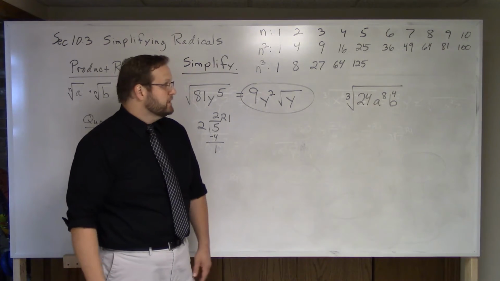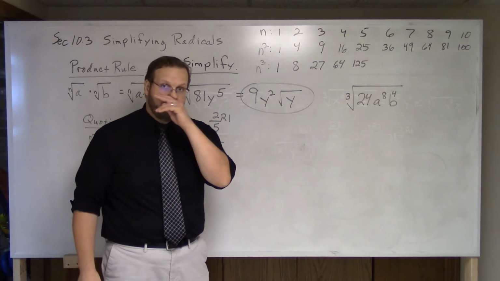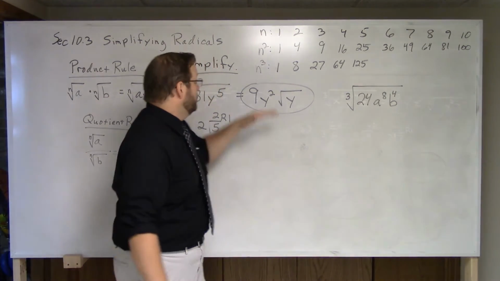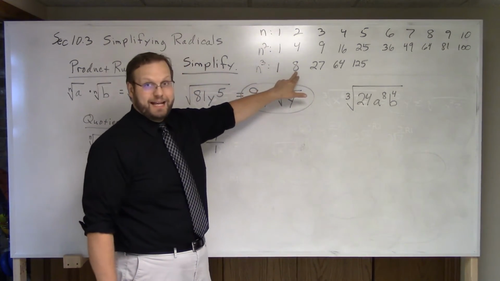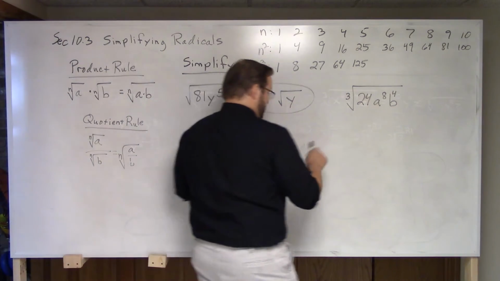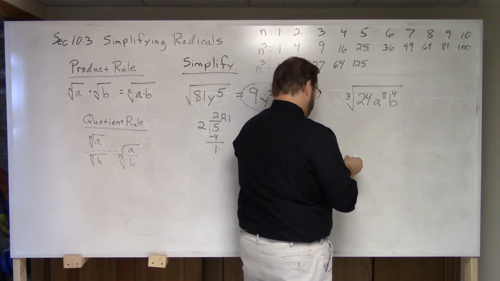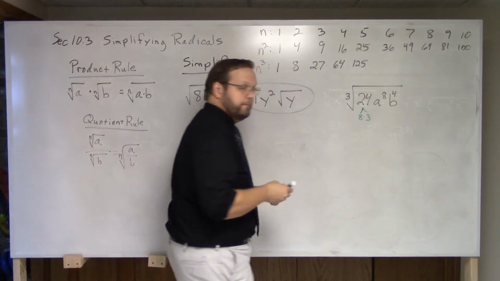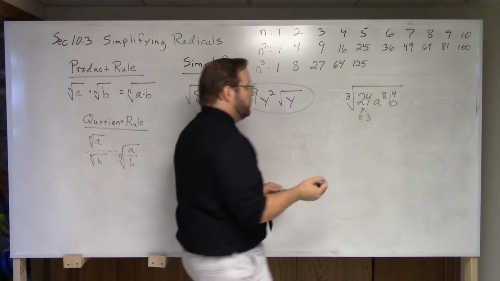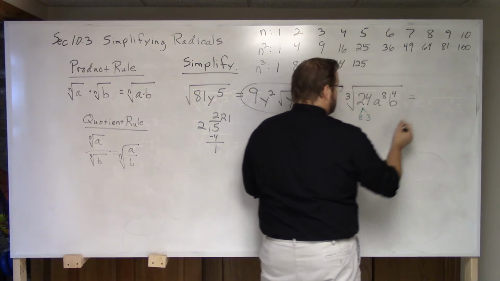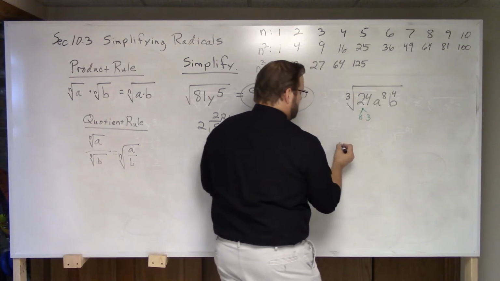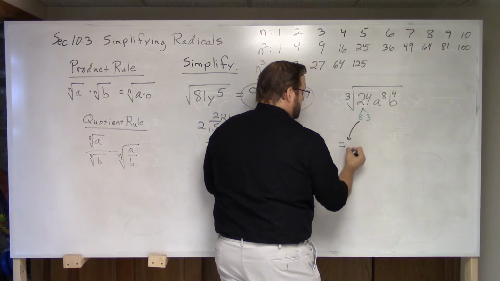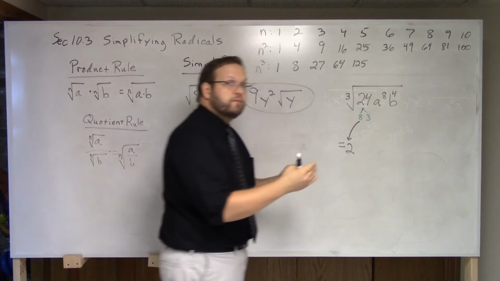Okay, so again, let's start with that 24. I'm looking for a perfect cube that goes into 24. If I look at my list, I'll hit that 8 right away. So 24, I'm going to think of as 8 times 3. So what I do is I start, let me actually go underneath it here, by pulling out that 8 as a 2, because the cube root of 8 is 2.